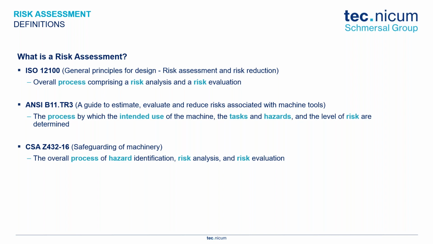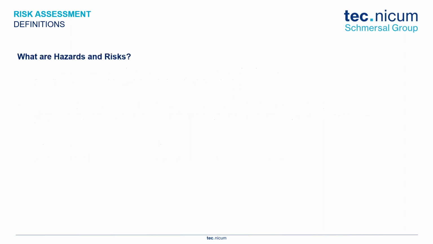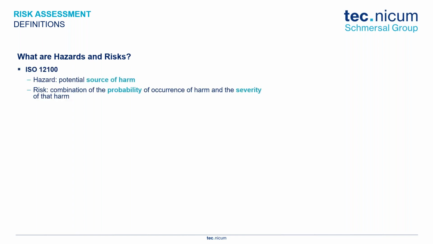Now, based off what we have here, I want to take a closer look at another definition, which are hazards and risks, right? Those definitions called out hazards and risks. So here are the definitions based off of those standards. First one, ISO 12100. A hazard is a potential source of harm.